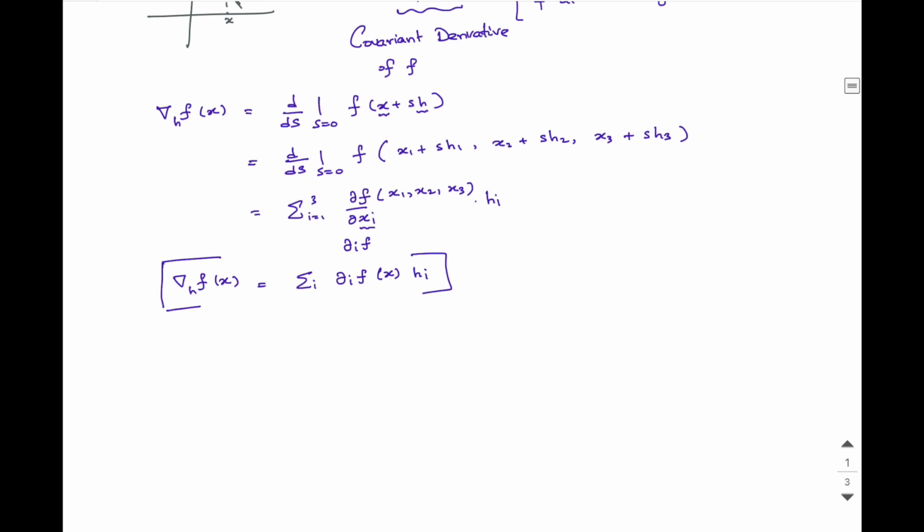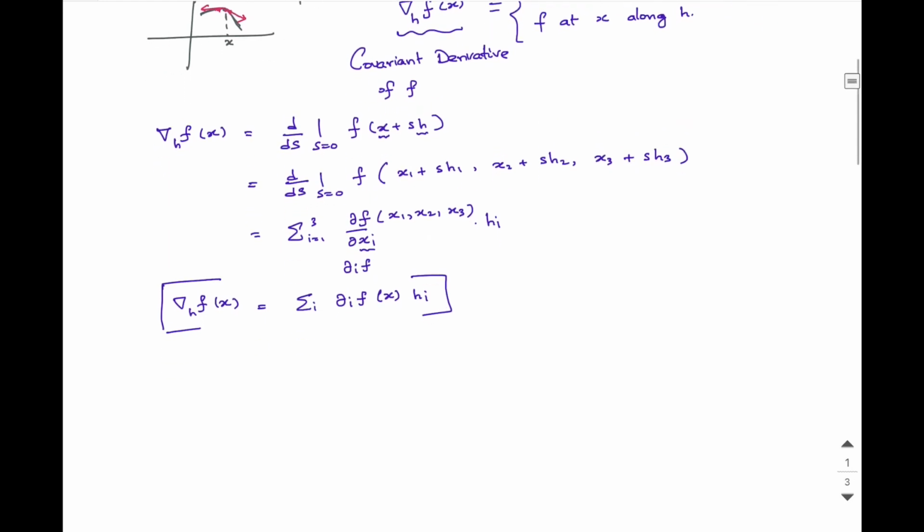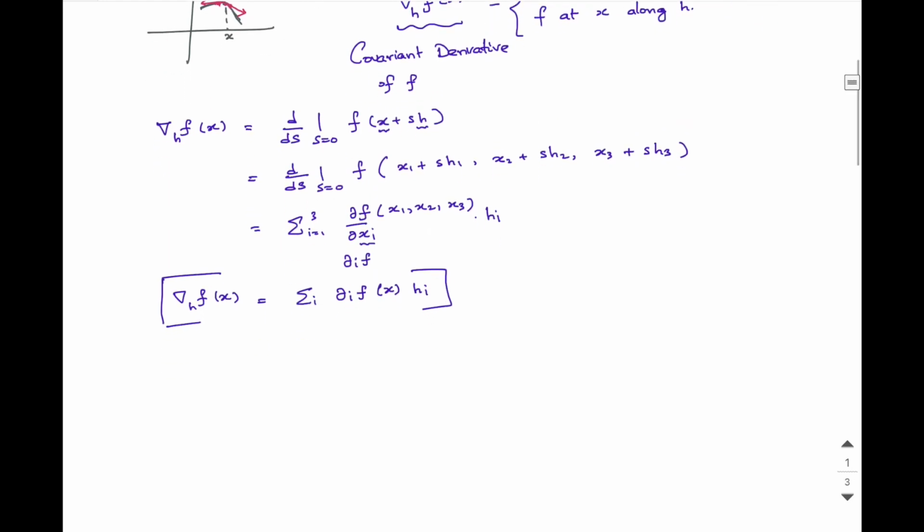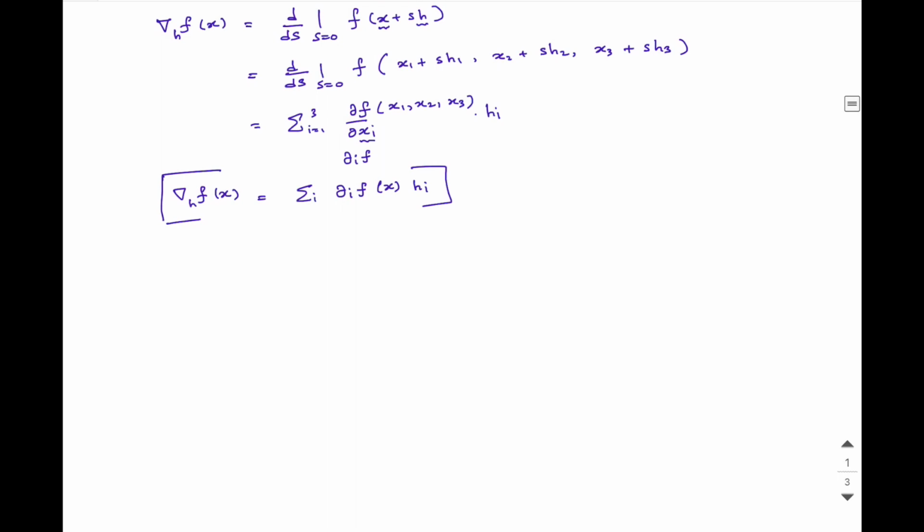So this is the equation that we want to derive. Good. Now, once we have the covariant derivative of f, we can define the gradient as follows. I'm going to define a new function called the gradient of f at x.